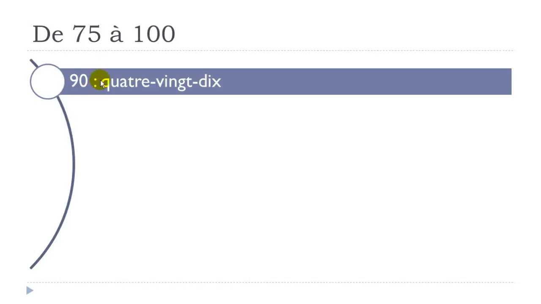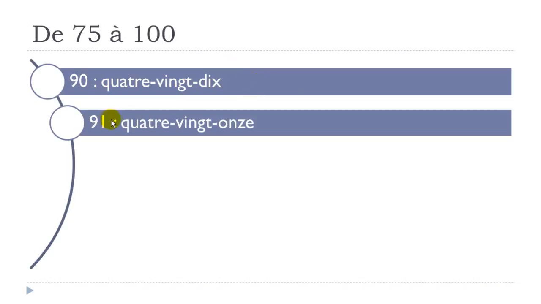So you will take this 80, and then you will add the numbers from 10 to 19 after. So 90, and then 91, so remember 80, and then 11, 91.